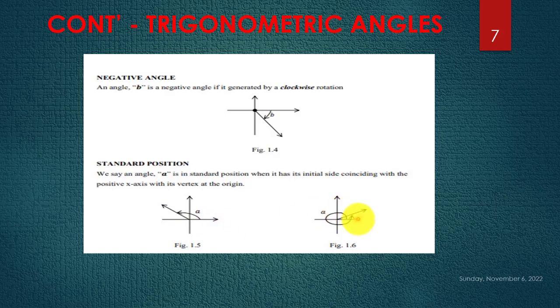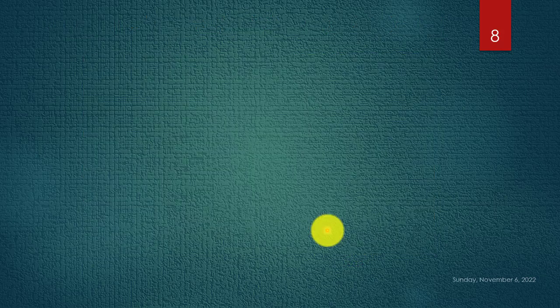In figure 1.6, the initial side, where the pointer is, lies on the positive x-axis, and this is the vertex. Since it satisfies the condition, the angle formed in figure 1.6 is also in standard position.